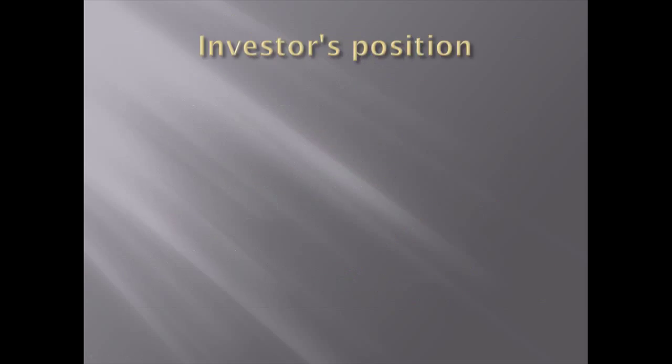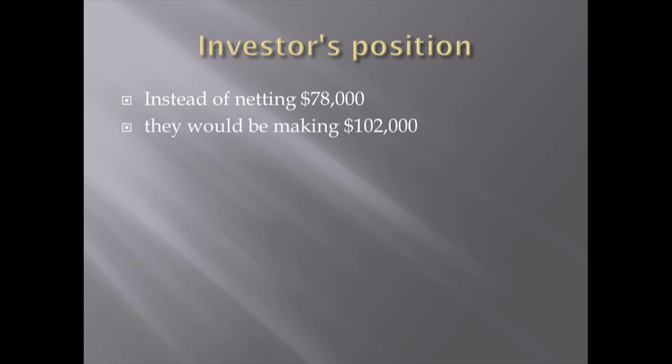Okay, now let's have a look at the investor's position. The investor currently is netting 78,000 after tax. But if we give them 24 grand out of the rat hole, they'll be able to make 102 grand after tax.